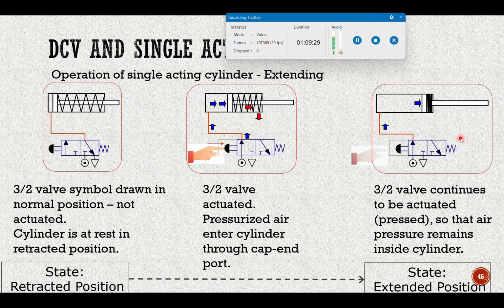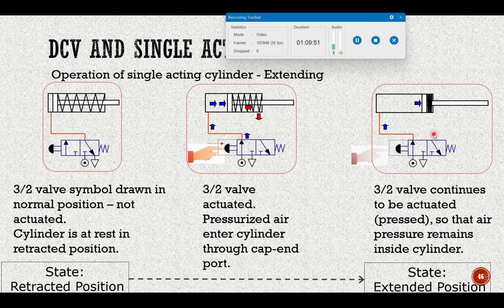This is the 3-2 valve symbol drawn in a normal position, so it's not actuated. When we actuate it, the pressurized air enters the cylinder to the cap end. Okay. This is the circuit, and then it would be fully extended.